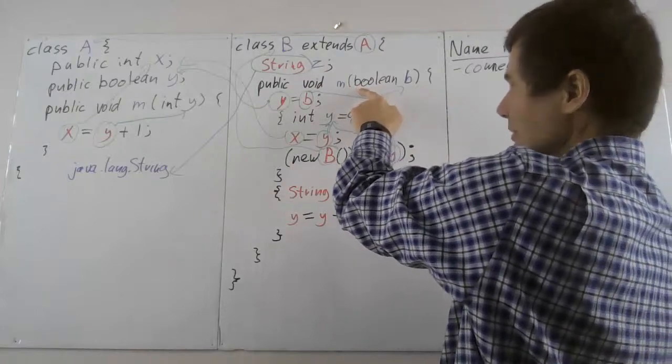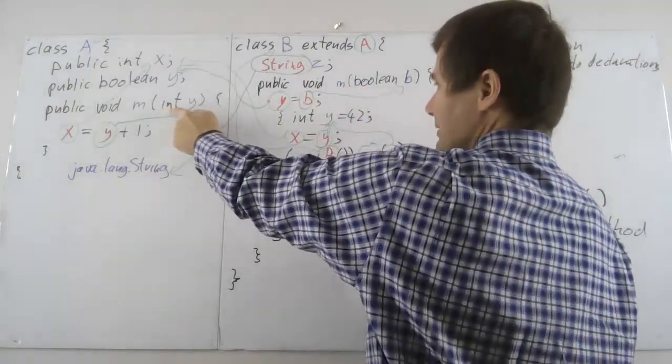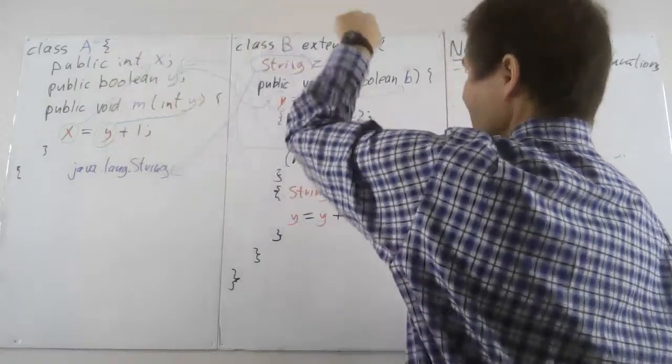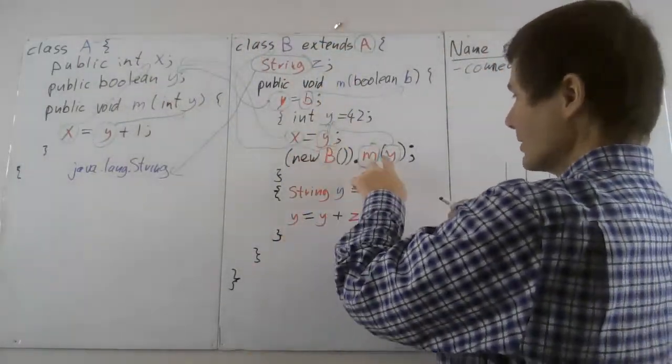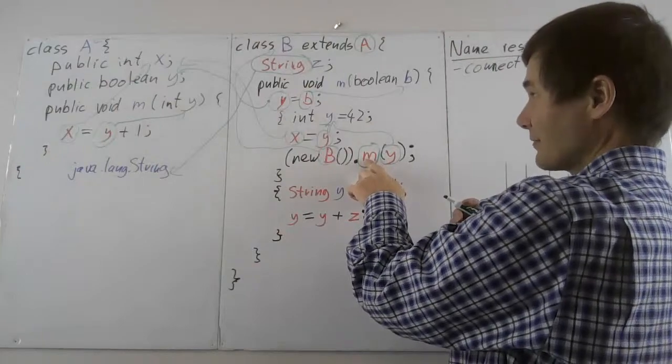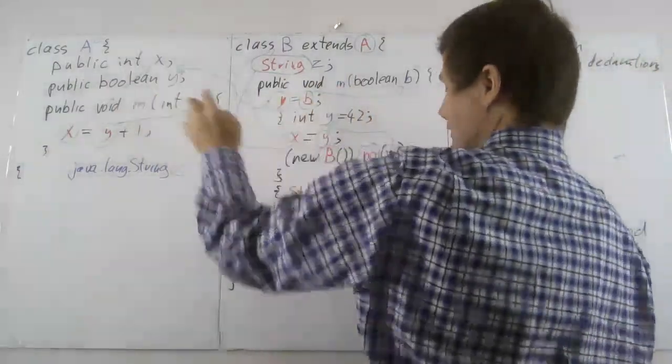So this one takes a Boolean. This is a method M that takes an integer, and it's still visible in the subclass. So at this point, you can refer to both of these methods M.